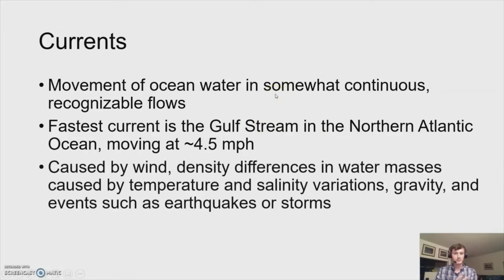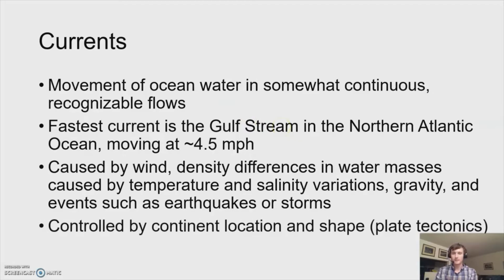This is caused by wind, density differences in water masses, which might be caused by differences in temperature or salinity. So, low temperature means colder water, which is denser than warmer water. If it has more salt in it, it's also going to be a little bit denser. You have differences in gravity in different areas, as well as events like earthquakes and storms.